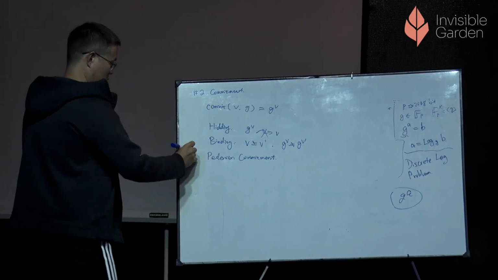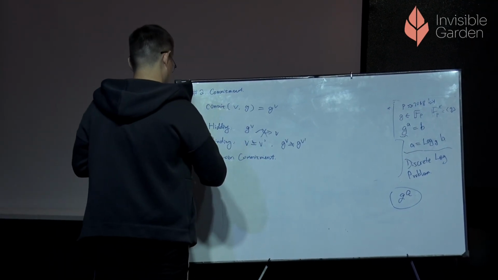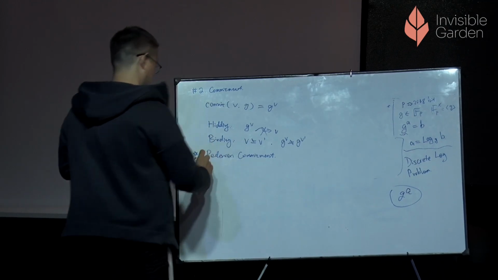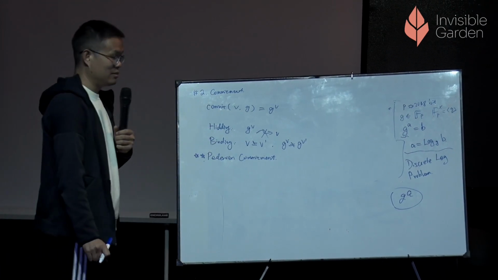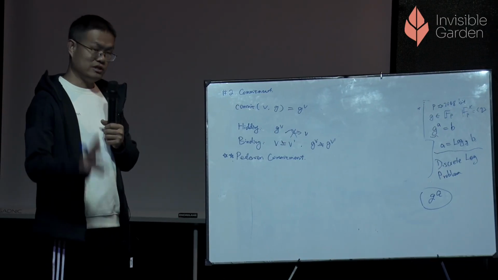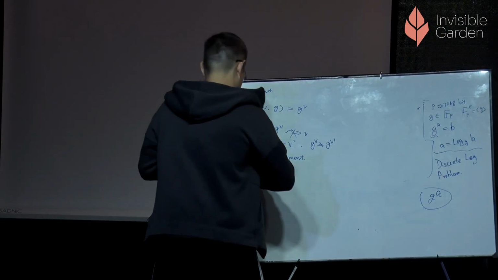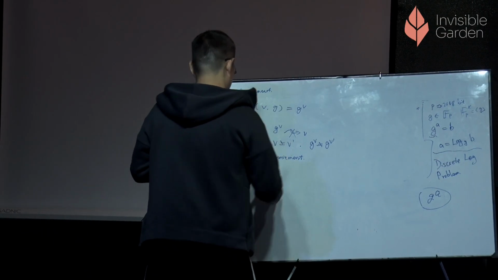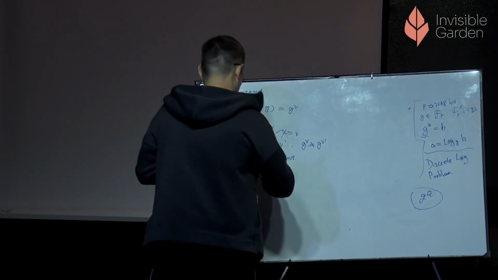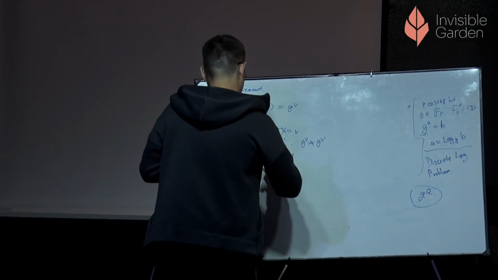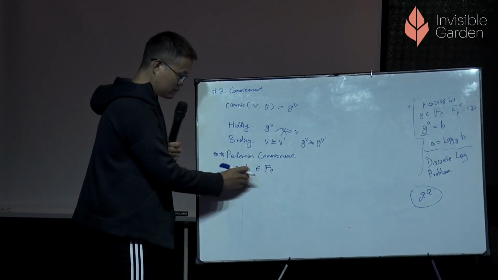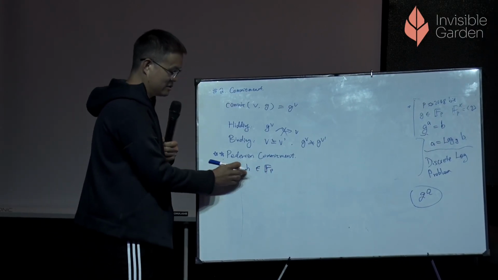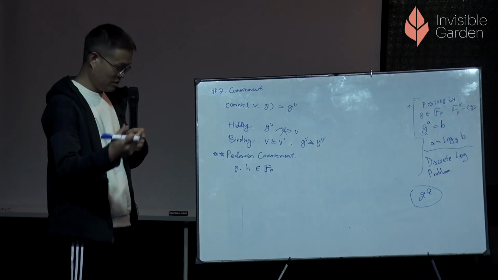Okay, Pedersen commitment. Pedersen commitment says that we need two generators, G and H, from a very large prime field. Remember that G and H are not equal.